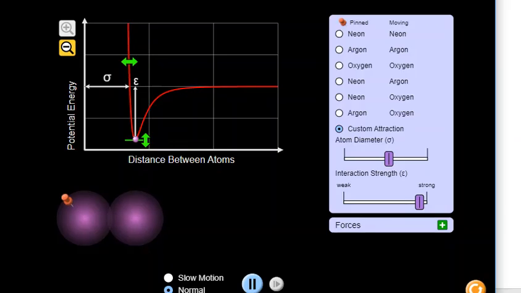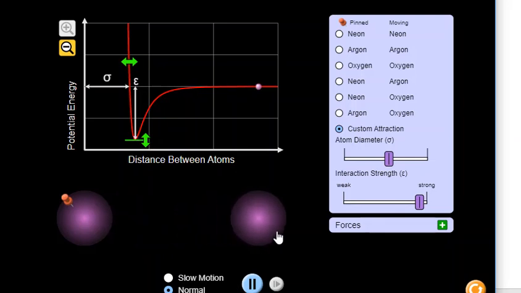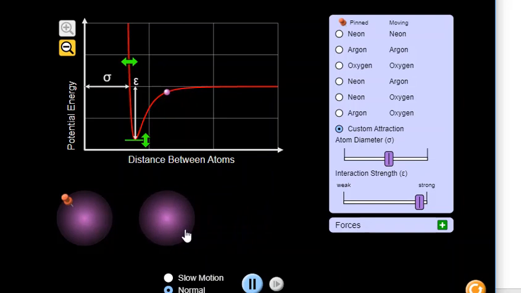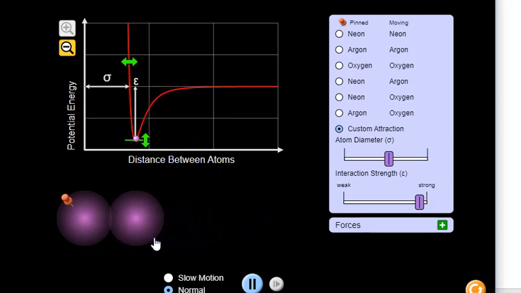And just remember that bond making is always an exothermic process. It always releases energy. And so what that looks like on an energy diagram is that if you have two atoms and they come close together, when they form a bond, they release energy and are now in a potential energy well, and they'll kind of hang out in there.